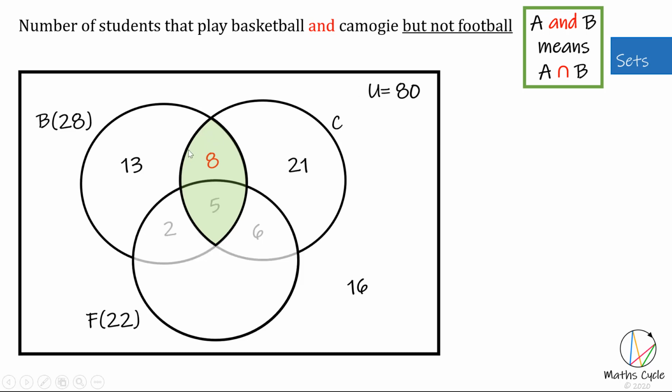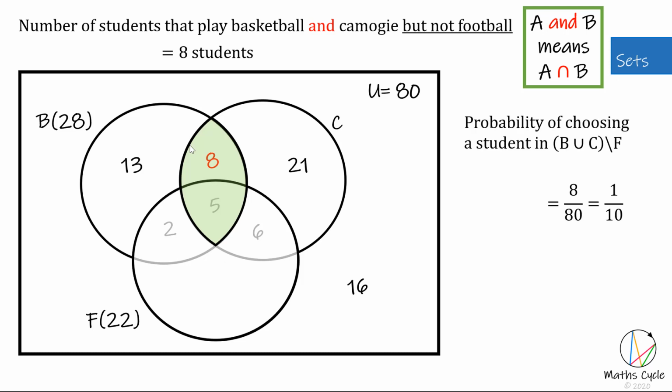So we're just left with these 8 students here. So what's the probability of picking one of those 8 students? So we've 8 chances out of 80. And we can break that down to 8 out of 80 is 1 out of 10. Or you can represent your probability as a decimal, so 0.1, or as a percentage, 10%.